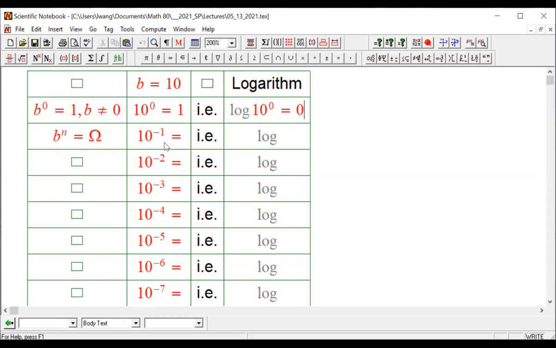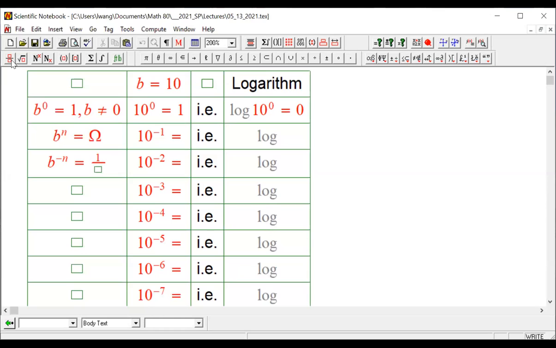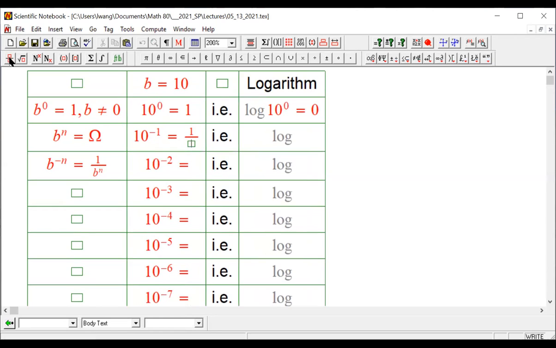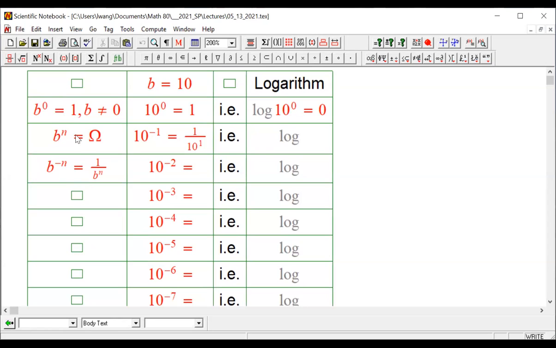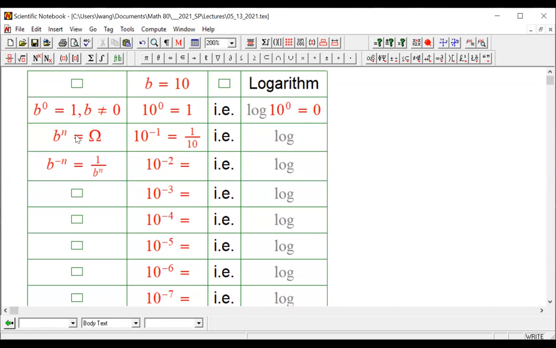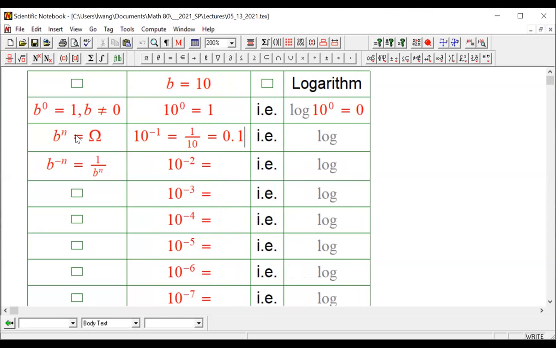10 to the power of -1. According to b raised to the power of -n equals 1 over b to the power of n. So when b is 10, this would just be 1 over 10 to the power of 1. 1 over 10 to the power 1 is 1 over 10. 1 over 10 is also equal to 0.1.